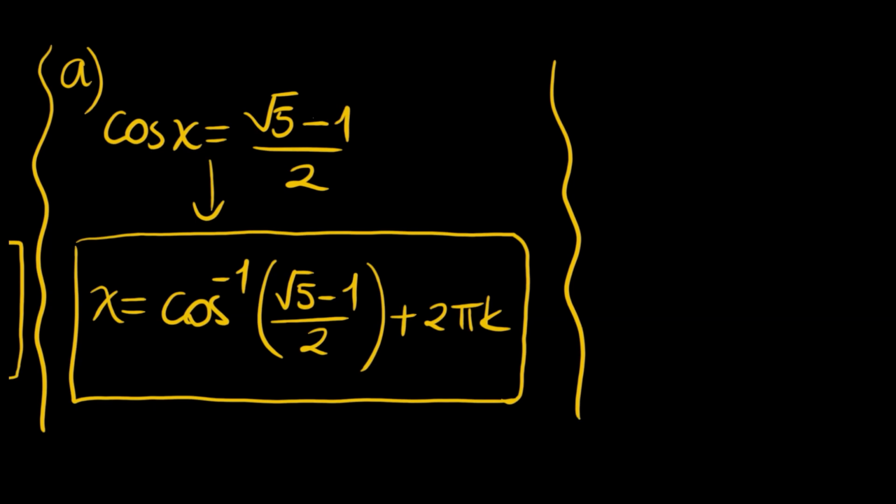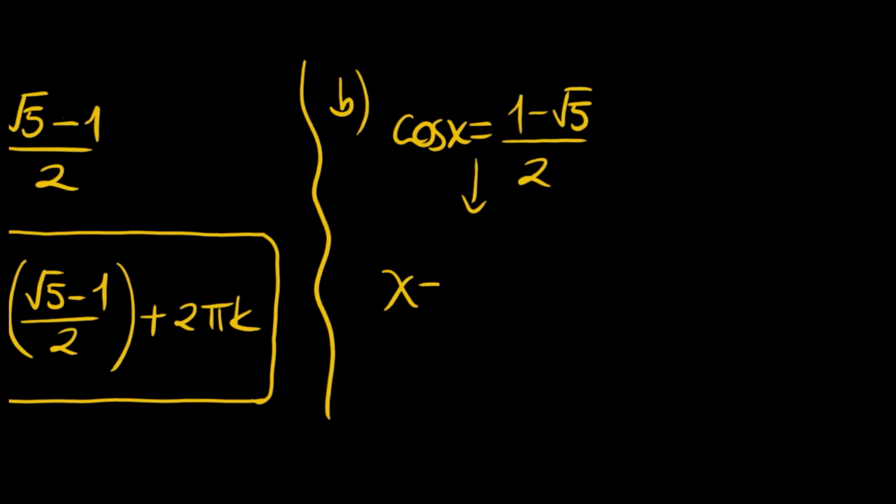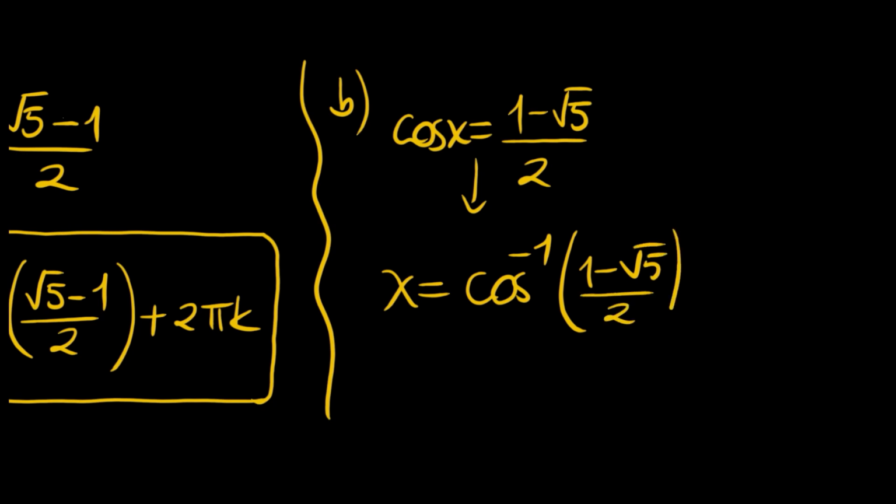B part is similarly cos x is equal to the minus versions. So we have 1 minus root 5 divided by 2, and we will write similarly x is equal to arc cos or cos inverse of this 1 minus root 5 divided by 2 plus 2 pi m, let's say.